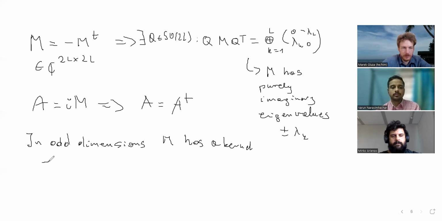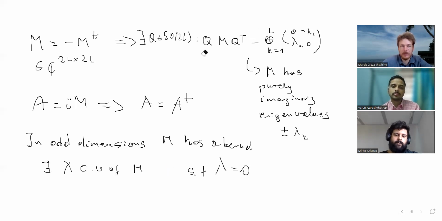So there will be some eigenvalue of M such that lambda equals 0.